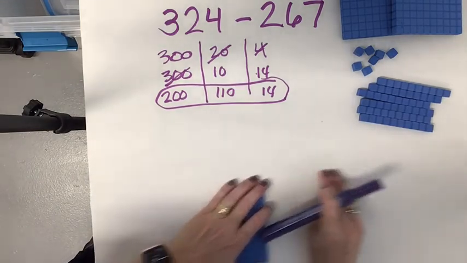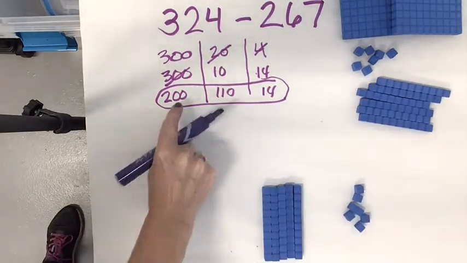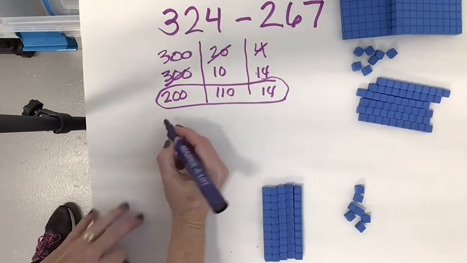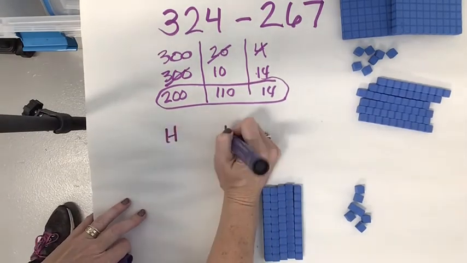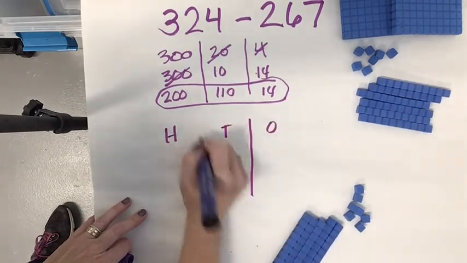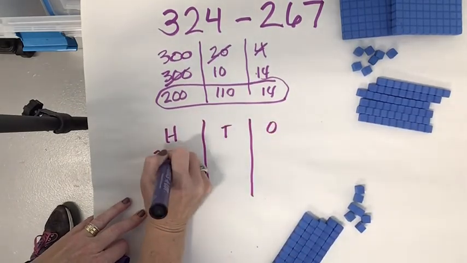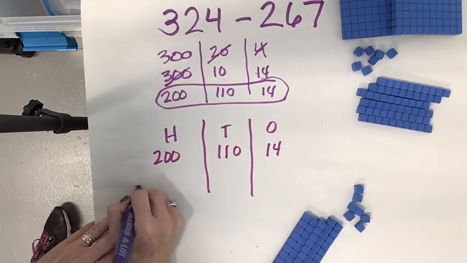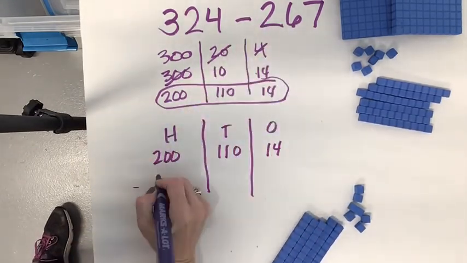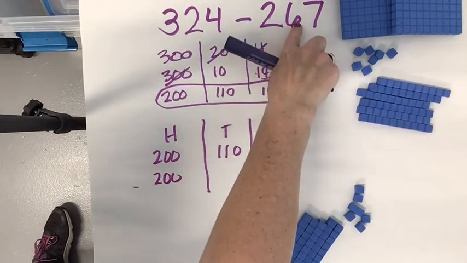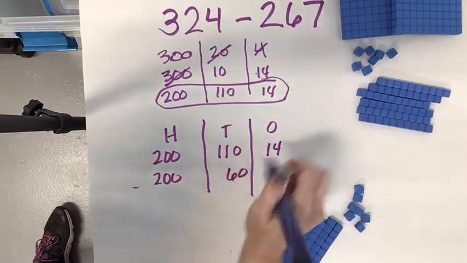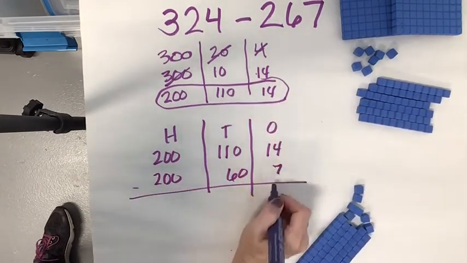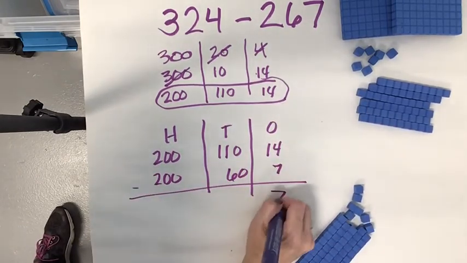Let's see what the math looks like. And I'm going to start with my funny number that we worked with when we solved this problem. So here's my hundreds, my tens, and my ones. I have 200, I have 110, I have 14, and from that I'm subtracting 260, or 6 tens, and 7 ones. 14 ones minus 7 ones is 7.